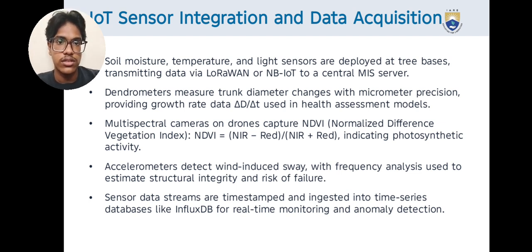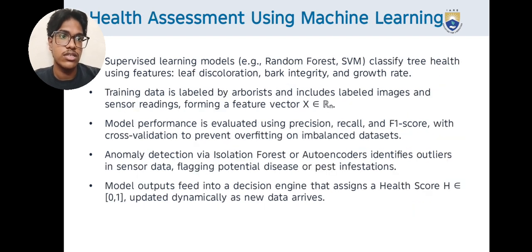Accelerometers detect wind-induced sway, with frequency analysis used to estimate structural integrity and risk of limb failures. Sensor data streams are time-stamped and ingested into a time series database like InfluxDB for real-time monitoring and anomaly detection.